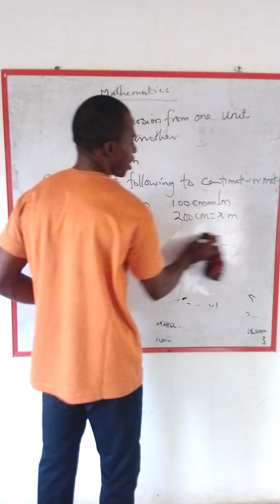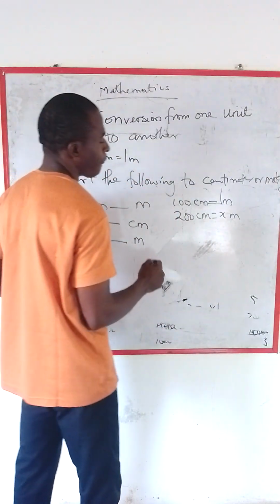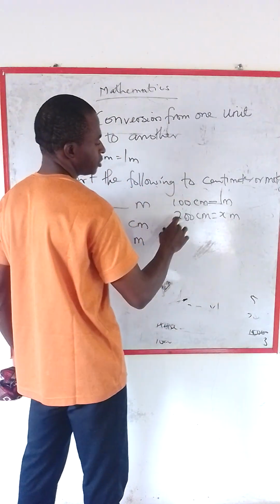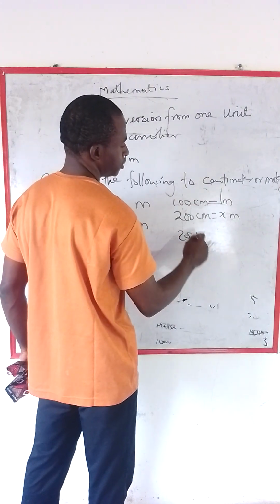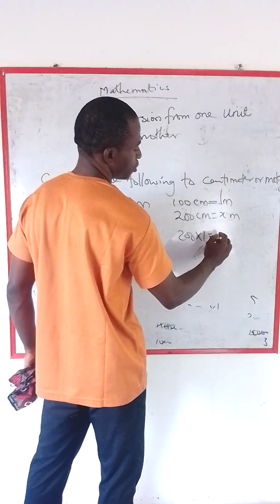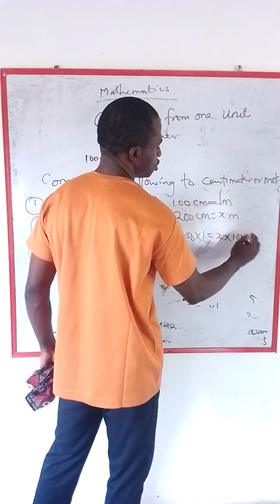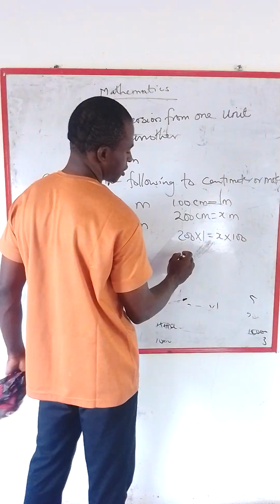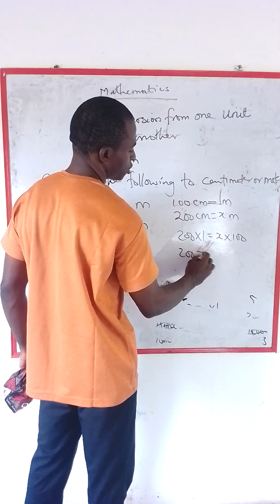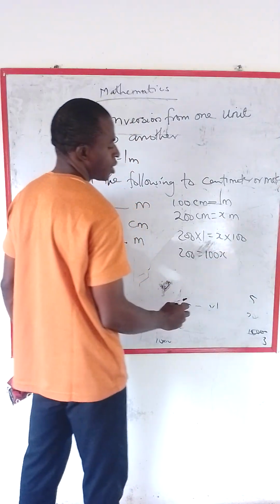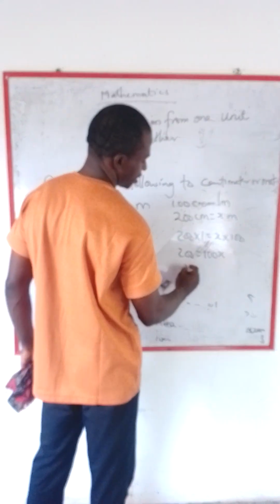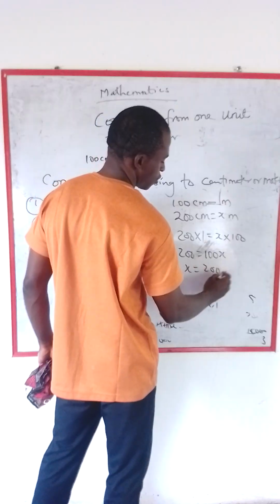So we'll do our cross multiplication as usual. 200 times 1, then x times 100. Where we will now say 200 equal to 100x. And by our simple equation, we know that x is equal to 200 over 100.